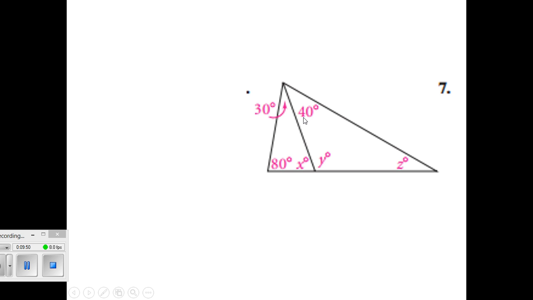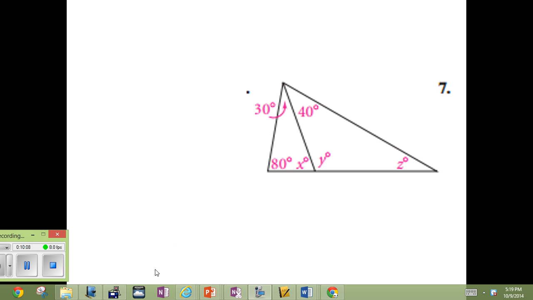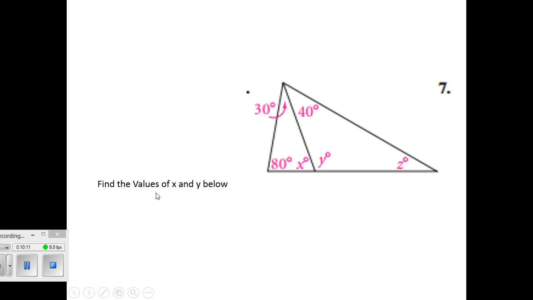Since Y is 110, and you already have 40 in the triangle on the right, we should be able to find angle Z, because their sum is 180. So as we said, 70 for X, 110 for Y, 110 and 40. Let's show you that.